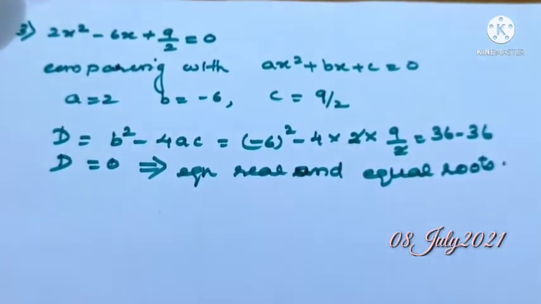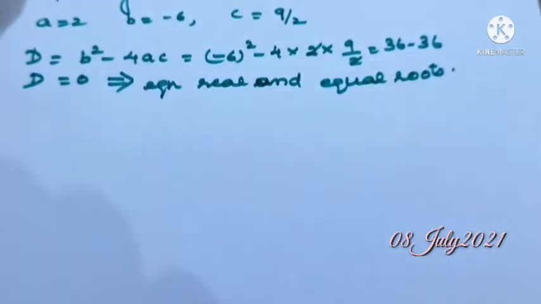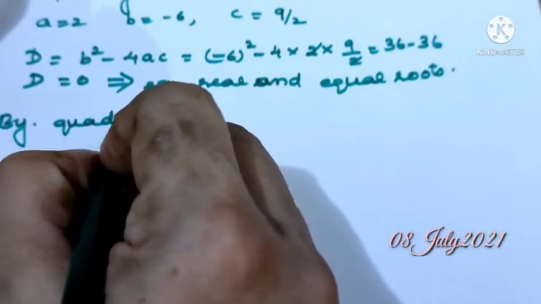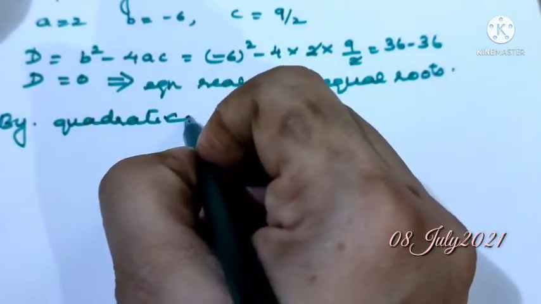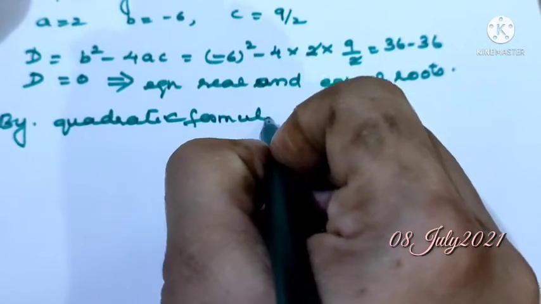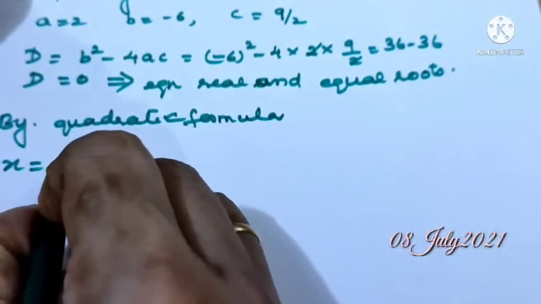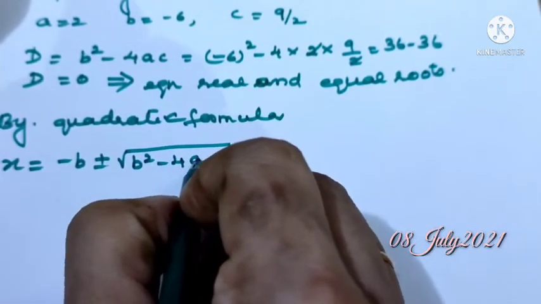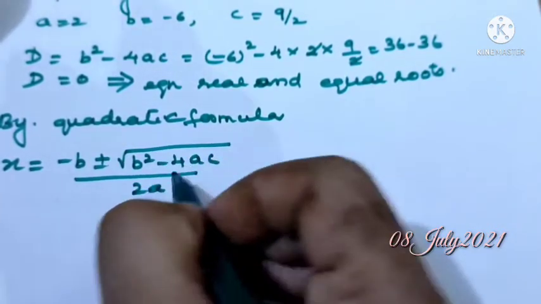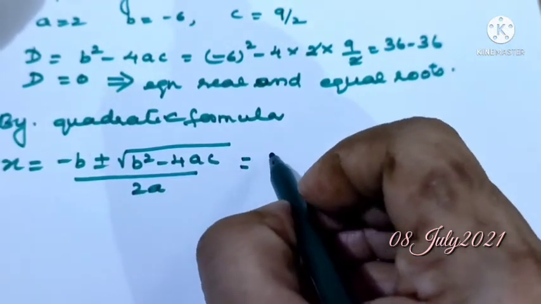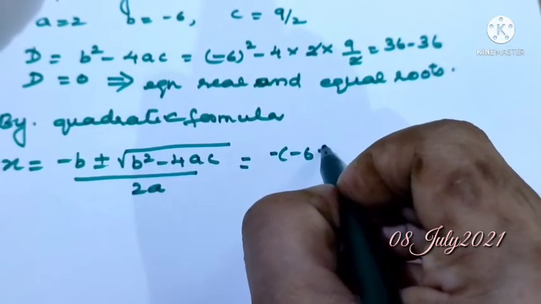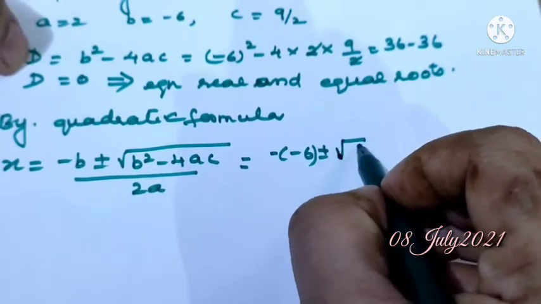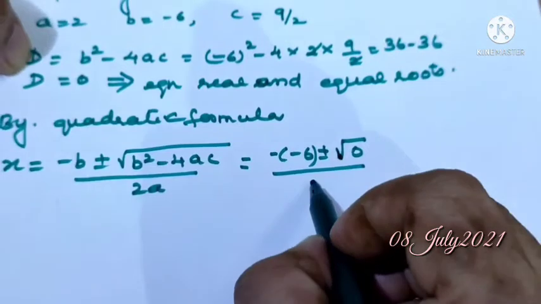Now let us see what real and equal roots mean. By the quadratic formula, how can we find this? x equal to minus b plus or minus root of b square minus 4ac divided by 2a. Minus b means minus of minus 6, plus or minus root of D, D is 0 only, root 0, divided by 2 into 2.